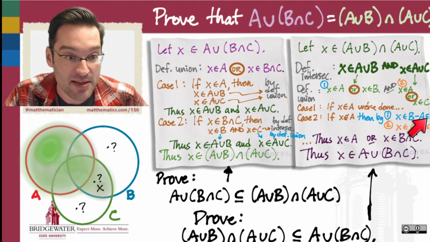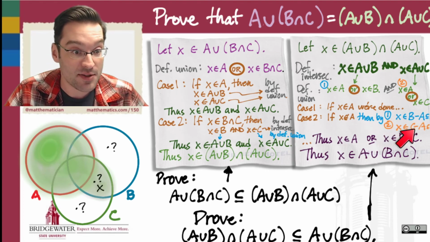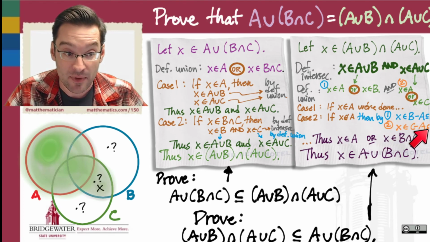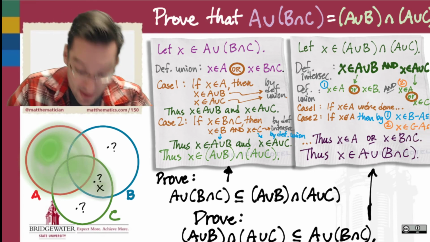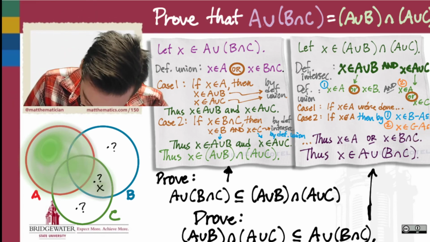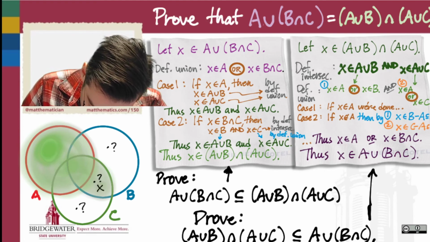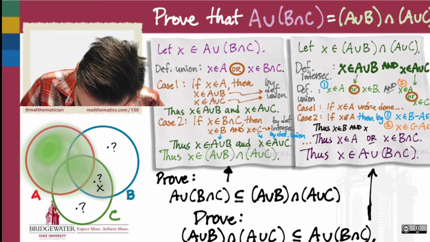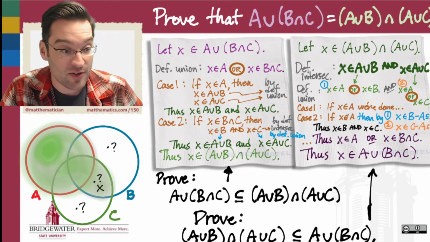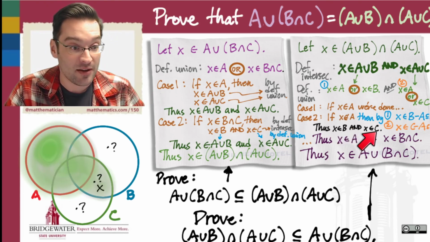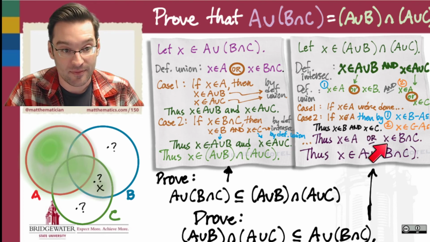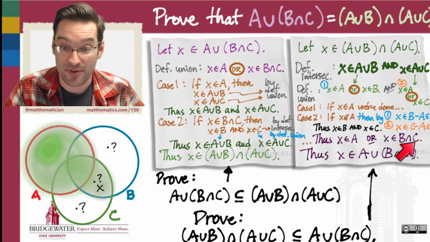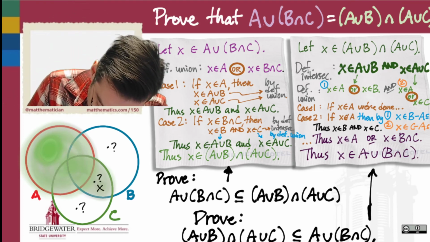So X belongs to B minus A, but that's a subset of B. X belongs to C minus A, but that's a subset of C. Therefore, in particular, X belongs to B, and X belongs to C. And if X belongs to B and X belongs to C, what set does X belong to? The intersection of B with C. Yep, by definition of intersection.